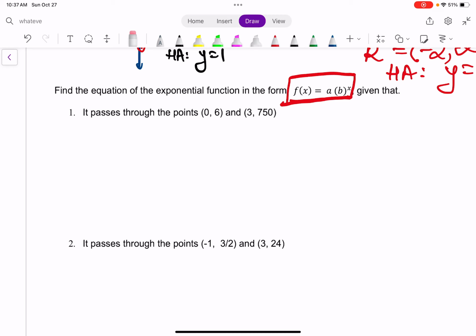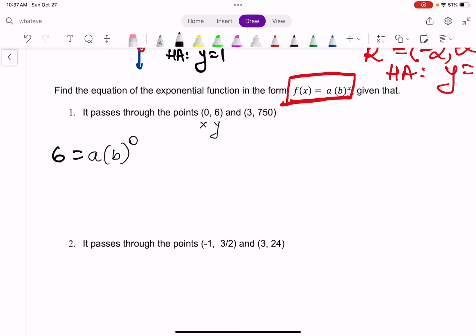So we know it passes through the point of coordinates (0, 6). So that simply means that if I have an x of 0, the y comes up to be 6. So let's plug that in right away. y equals a times b to the power of 0, and y is 6.